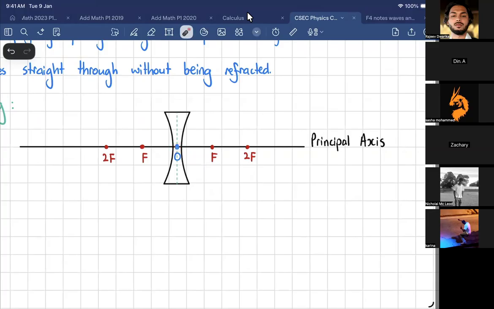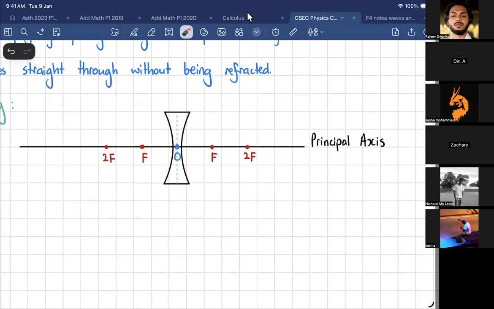If you wanted to take a measurement of length, you would measure from the optical center to that point on the principal axis. So if you want to measure length anywhere over here, you're going to measure it along the principal axis.